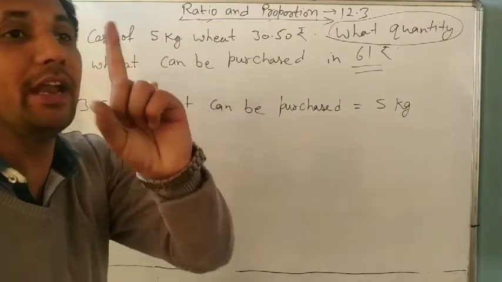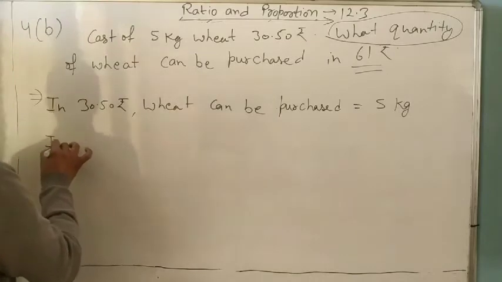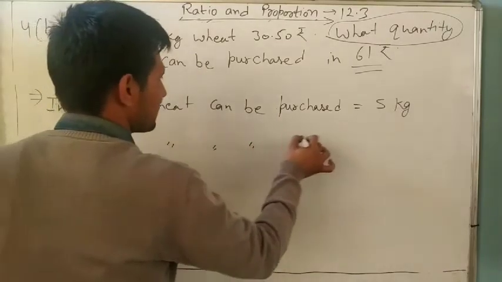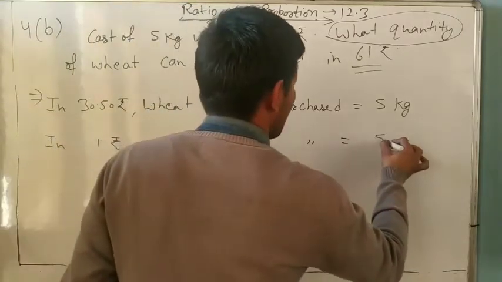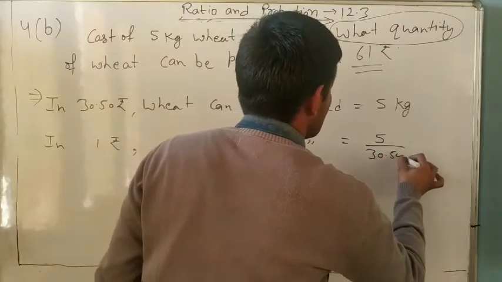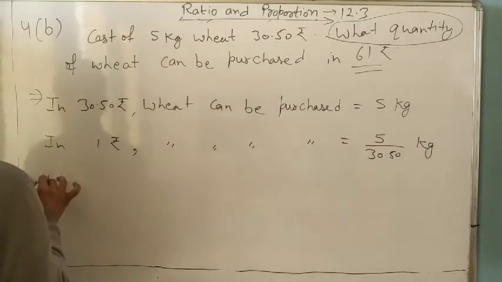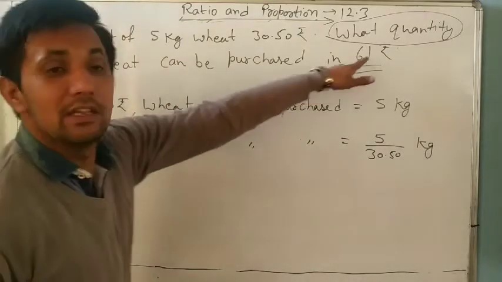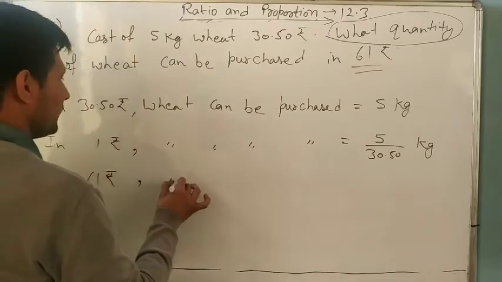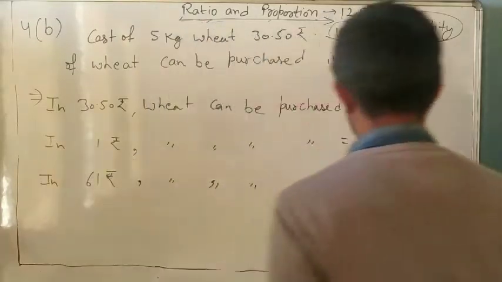First we will find how much in 1 rupee. So write: in 1 rupee wheat can be purchased how much? 5 upon 30.50 kg, because it is kg. Same as it is, in how much rupees? In 61. In 61 rupees wheat can be purchased how much?